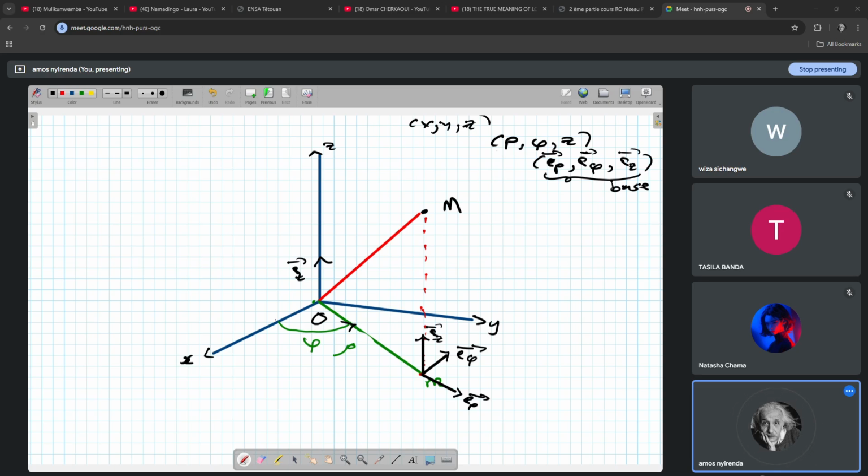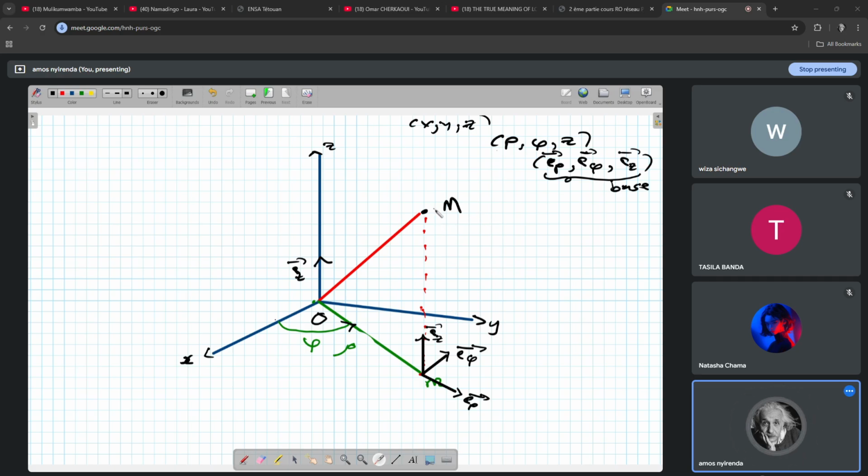And then phi is going to be in the direction of increasing phi, because phi increases from this point here. Here it's 0, but then it increases going this way. So phi is going to point in that direction. And then EZ points in the direction of the positive z-axis.